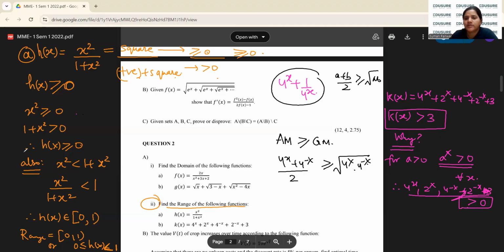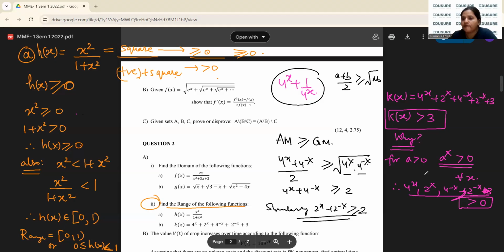So that means 4^x + 4^(-x) is greater than or equal to 2 times root 1. This is going to be 1, so root 1 is 1. So this is greater than or equal to 2. Similarly, 2^x + 2^(-x) is going to be greater than or equal to 2.